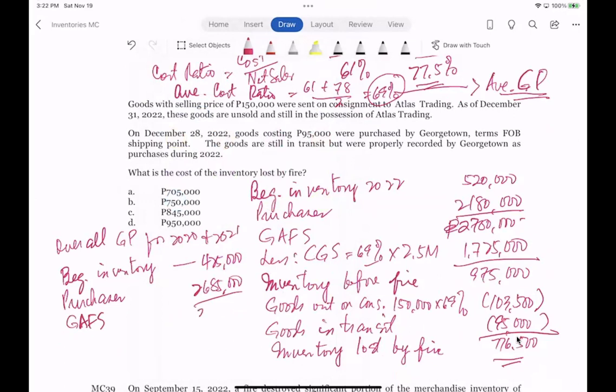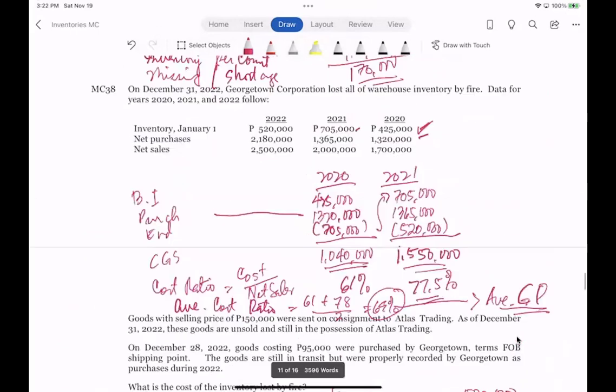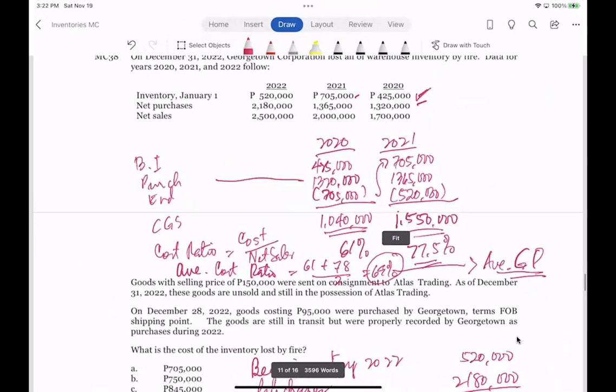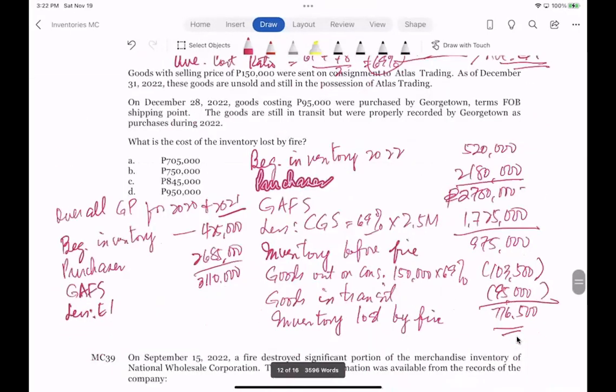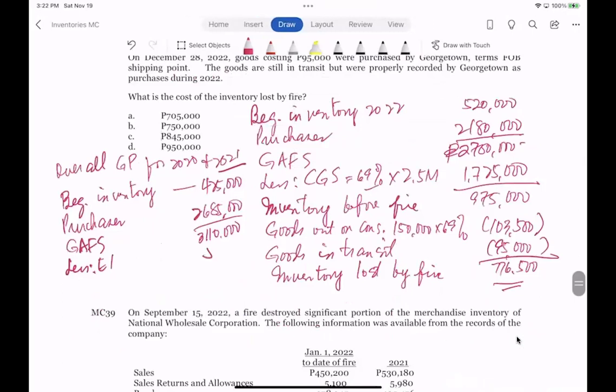That is 3,110,000. Deduct ending inventory. So your ending for the 2-year period must be the ending of 2021, which is the beginning of 2022, and that is 520,000. Therefore, your cost of goods sold is 2,590.